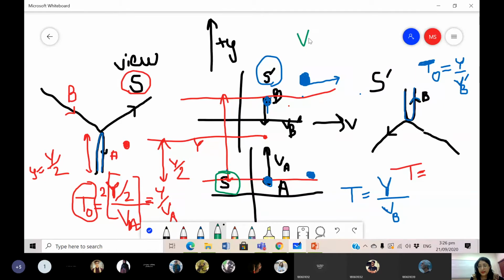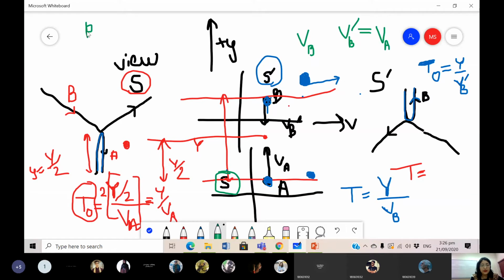We call that VB, because we know that VB dash, which is the velocity of B within its own frame S dash, is equal to VA, which is the velocity of A within its own frame S. Why are we trying to find VB?